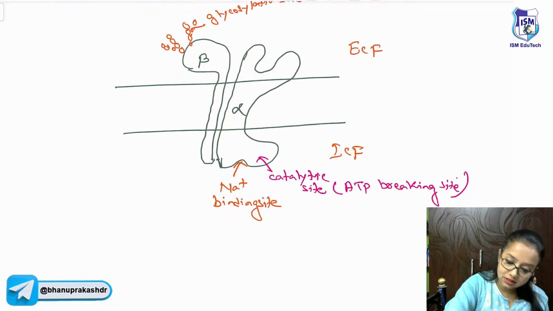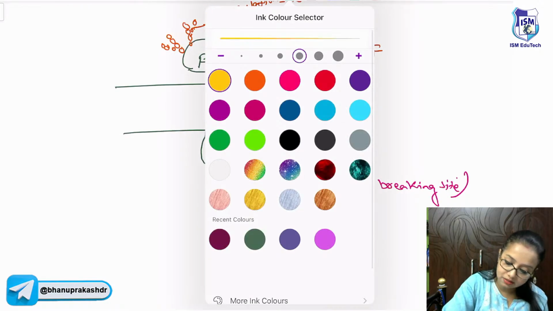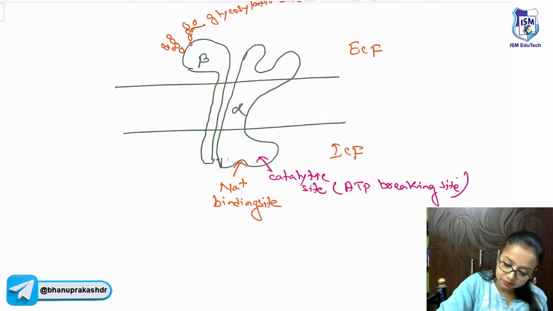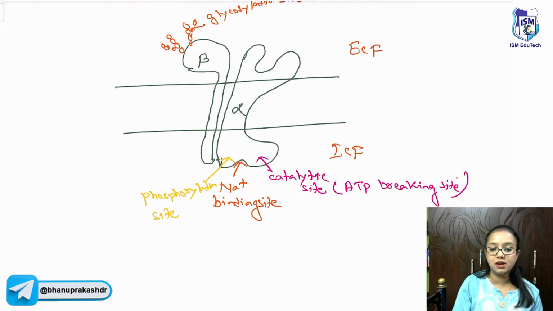Okay, then we have the phosphorylation site, like where the phosphate group will be added on.